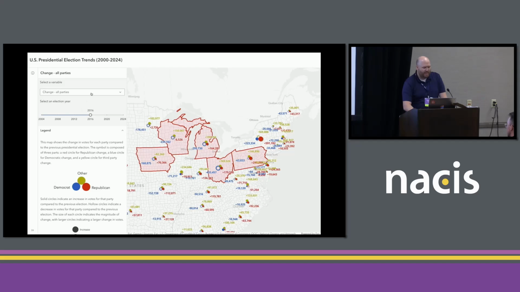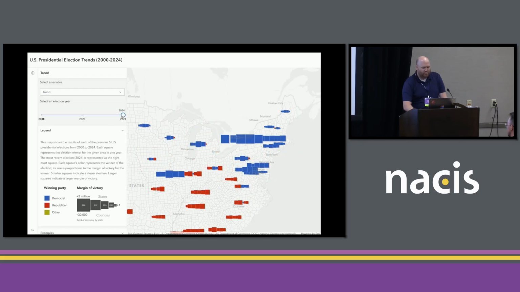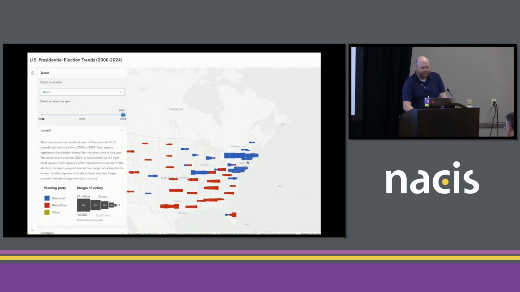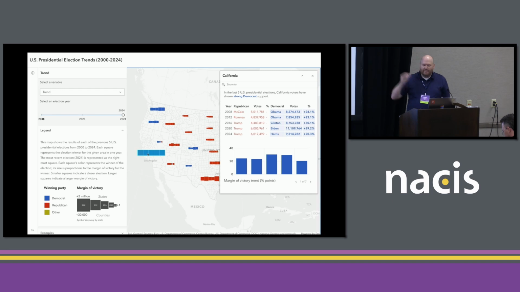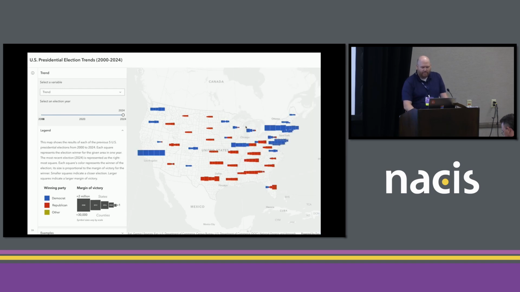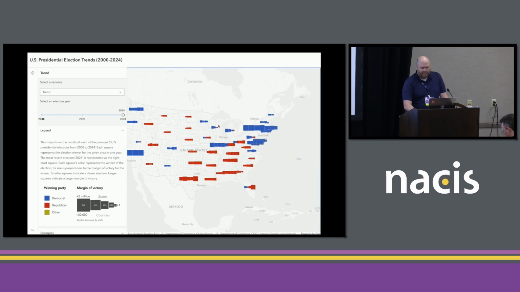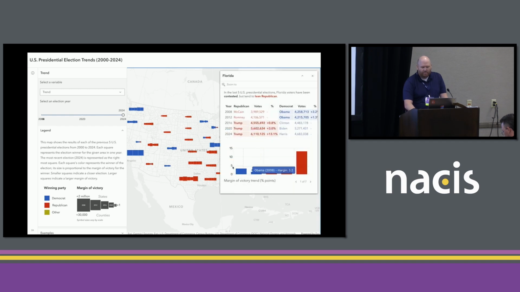Okay, and finally, this trend map here. So this is showing on the state level. This is really good at showing where states are consistent. So California, for example, solidly Democrat for the last 5 elections. You see states that have different trends. So you have Florida down here, which leaned Democrat in 2008, 2012, but then has increased its Republican support in the last 3 elections.